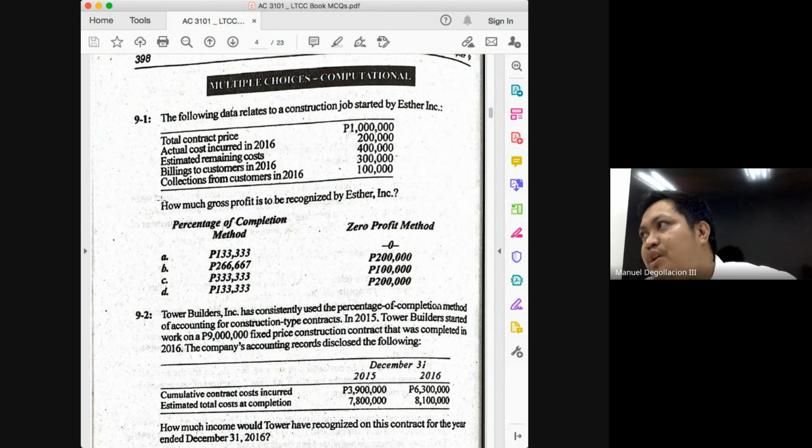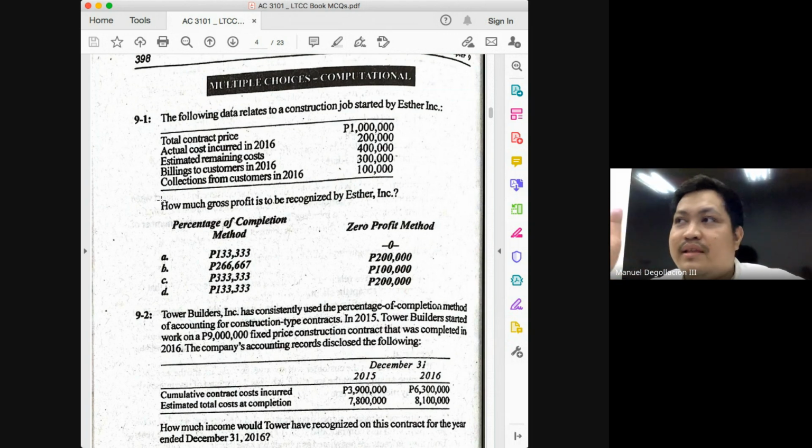Again, cost at completion and cost to complete are not the same. Your cost at completion would be the total for everything. The cost to complete will be the remaining cost, the additional cost that you will have to incur.